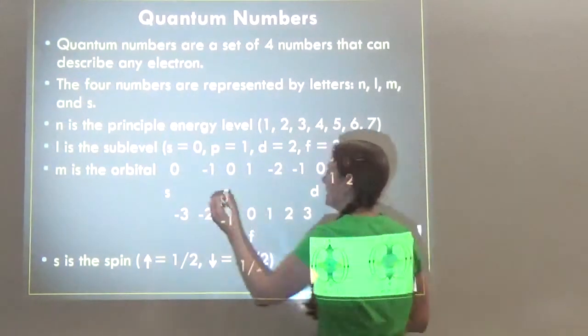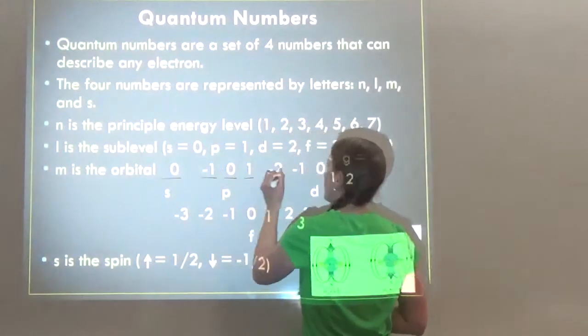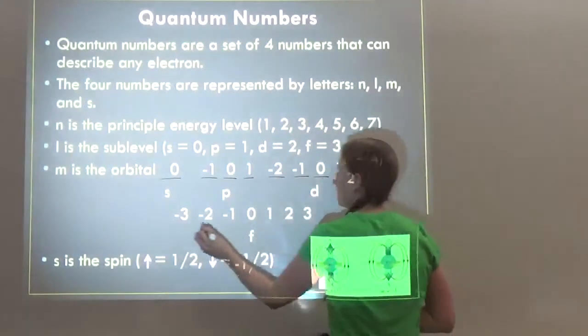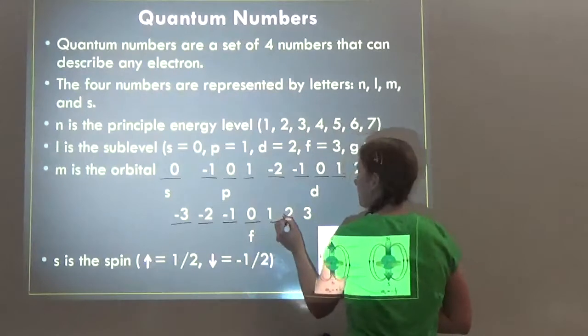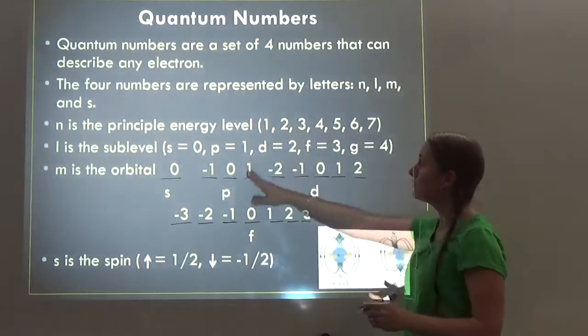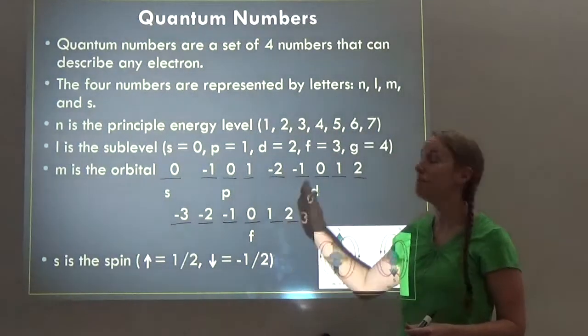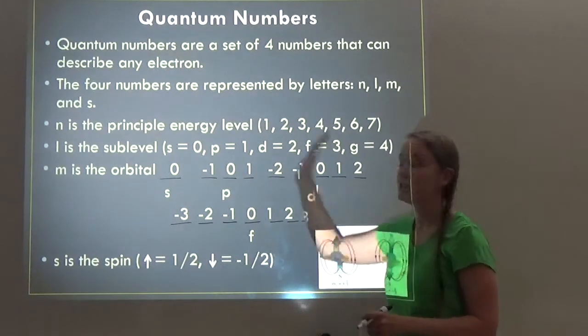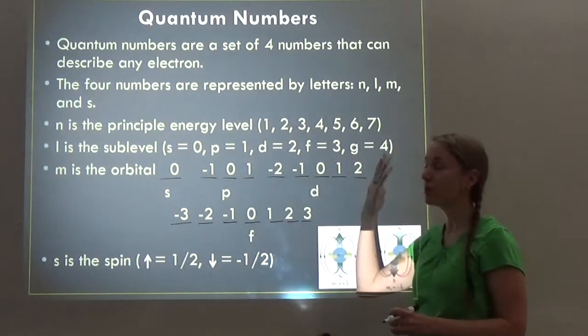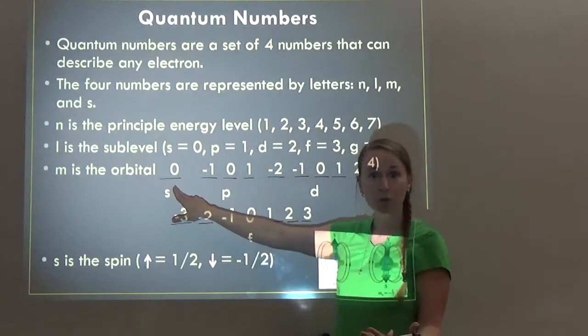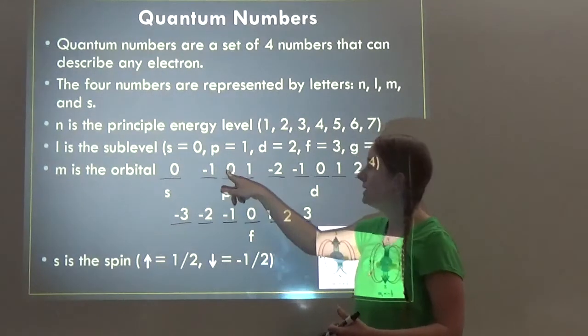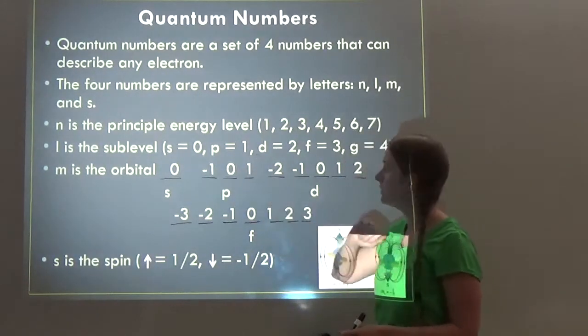M represents the orbital. Whoop, and I see that my dashes have disappeared. So here, let me add some dashes on here. Your orbitals are always set up like a number line. The middle orbital is 0, and then to the left you go negative, to the right you go positive. Since S only has 1 orbital, it's 0. P, the middle one 0, negative 1, positive 1.